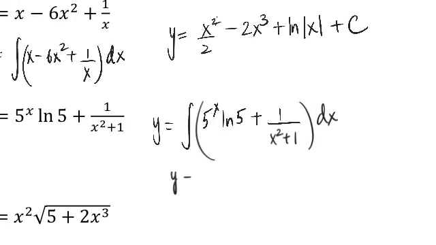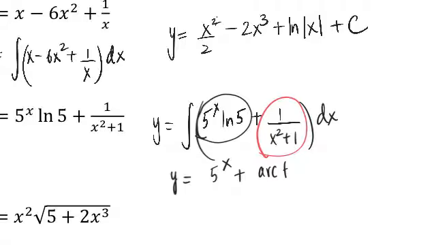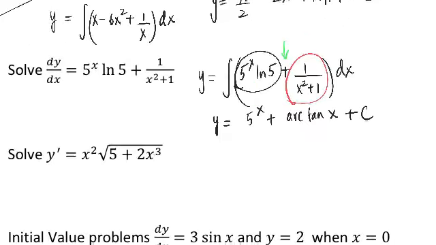And so remember that the antiderivative of this is just 5 to the x, and the antiderivative of this is just arctangent x. So I have a plus or minus here inside the integral, so I can do this in pieces, and I just throw on my plus c and I'm done.